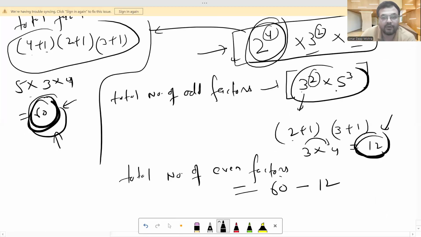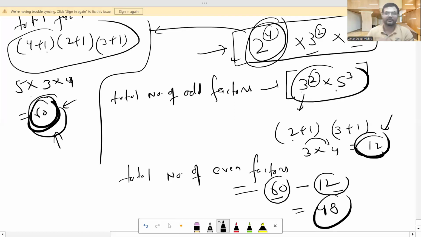So from the total, if you subtract the odd, you will get the even number of factors, that is 48. This is how we can calculate the even number of factors and odd number of factors. So here we can conclude that out of 60 factors, 12 are odd in nature and 48 are even in nature. I hope this is clear.